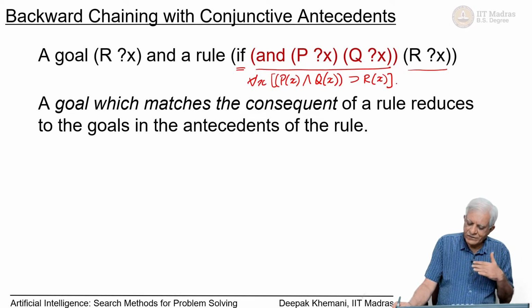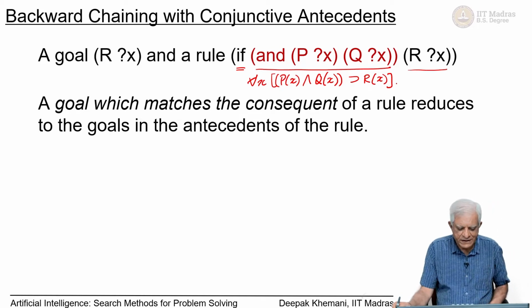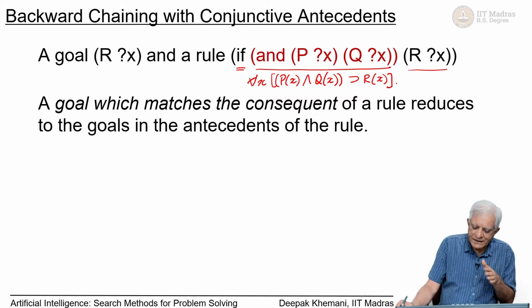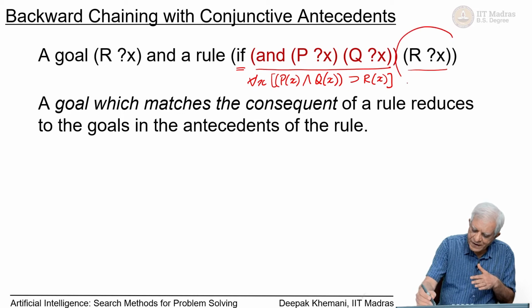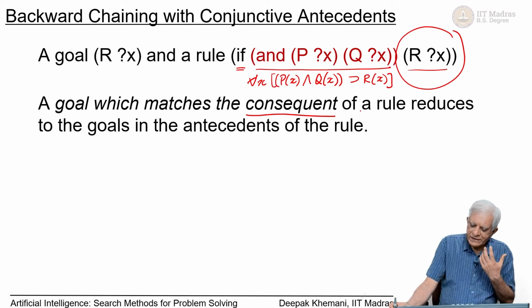Then we will have to answer that by first looking for an x which is a P, and then checking whether the same x is also a Q essentially. So that is the general idea. A goal which matches the consequent of a rule, so we are talking about backward chaining, right, reduces to the goals in the antecedents of the rule.